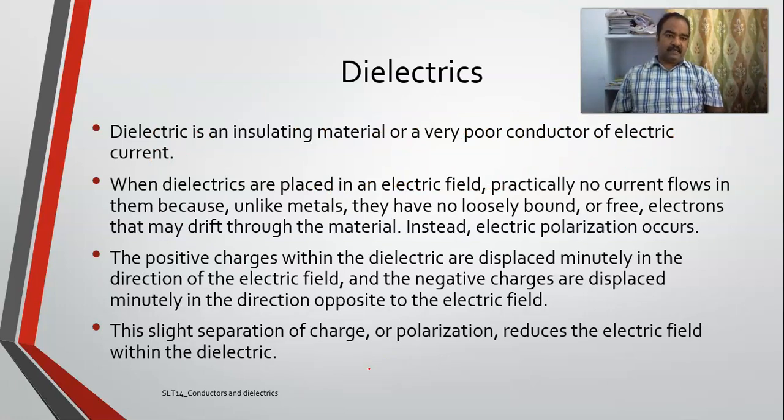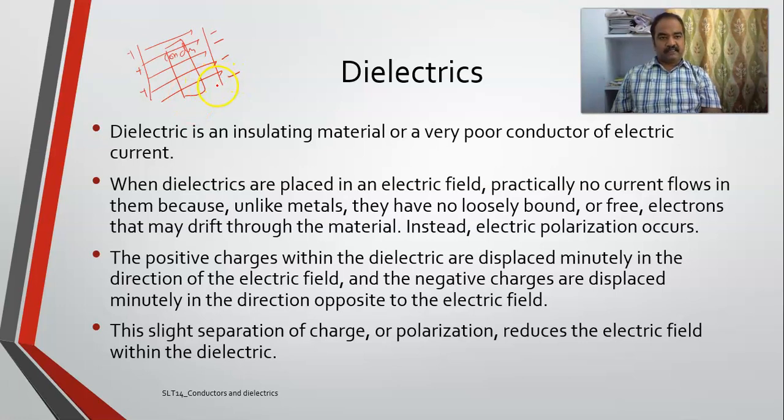An insulator and a dielectric, most of the time in electrical engineering, these words are used interchangeably. But the major difference is in what happens whenever you apply an electric field. Let us suppose I am applying an electric field here. If I place a conductor material here, then the conductor may release electrons, which will flow due to the effect of this electric field.